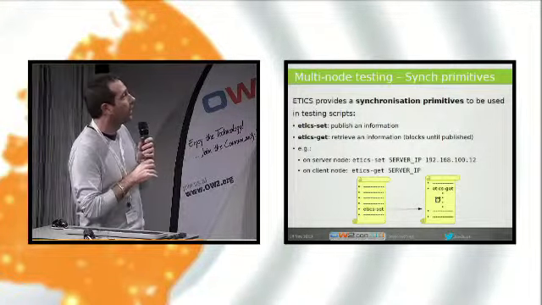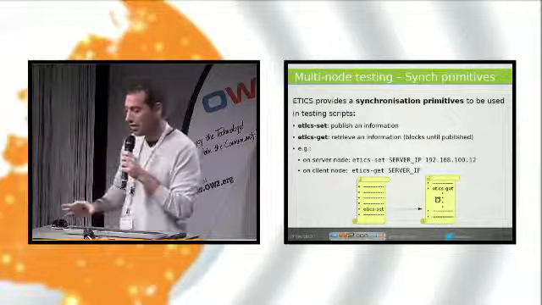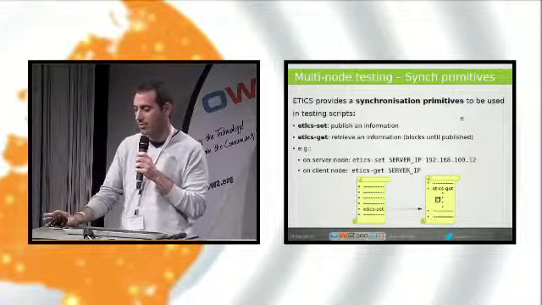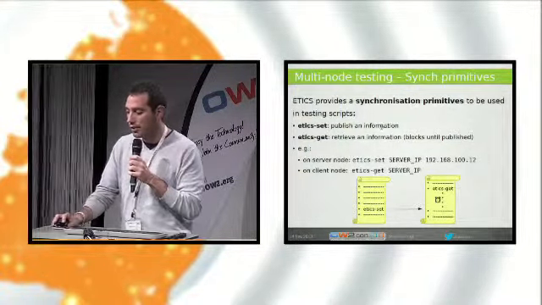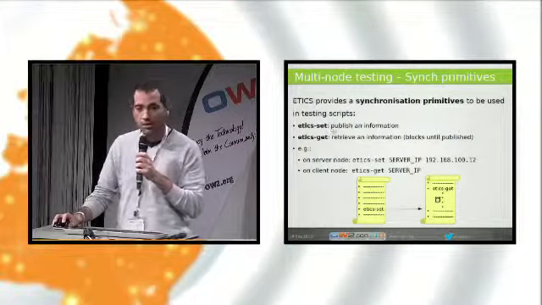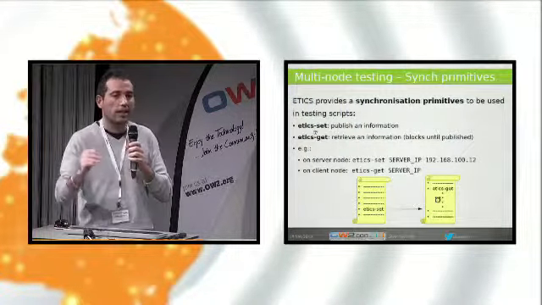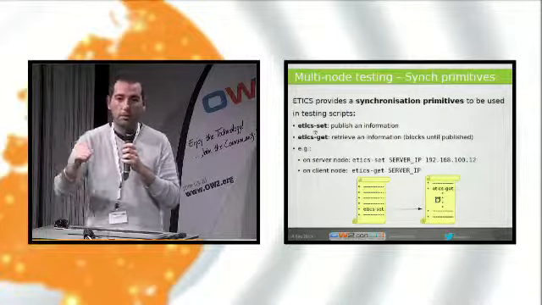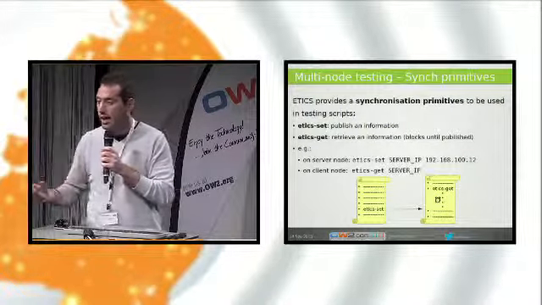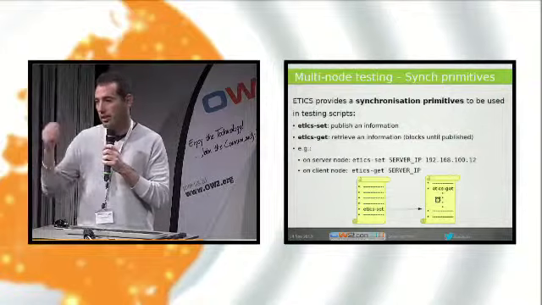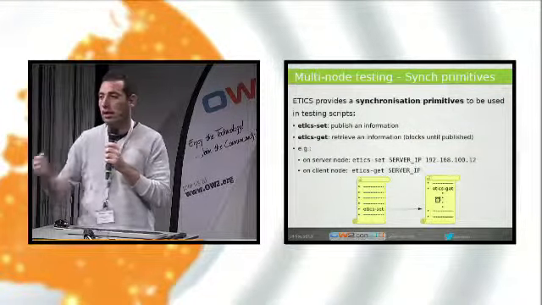So ETICS provides a very simple synchronization mechanism with two primitives, two commands that allow you to publish a value from one node and to retrieve the same value published on the other node.